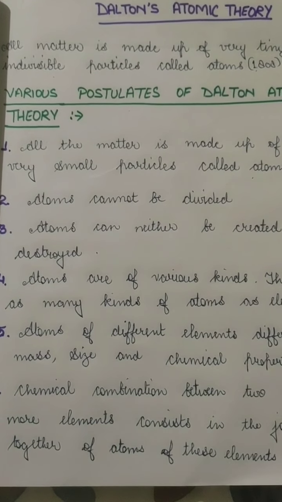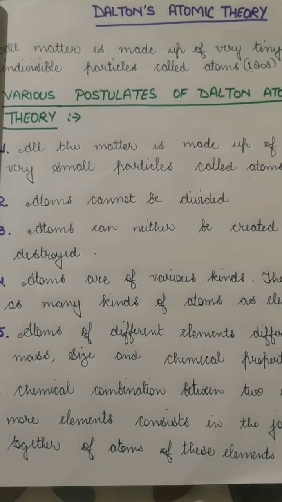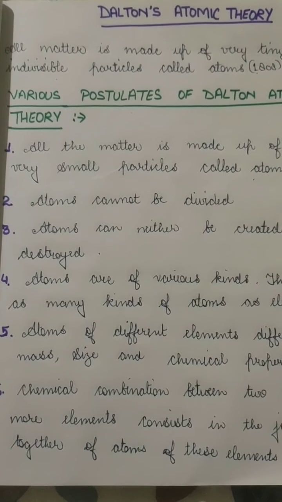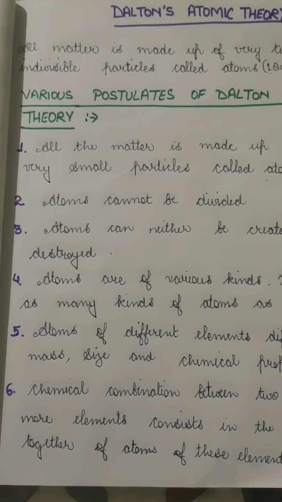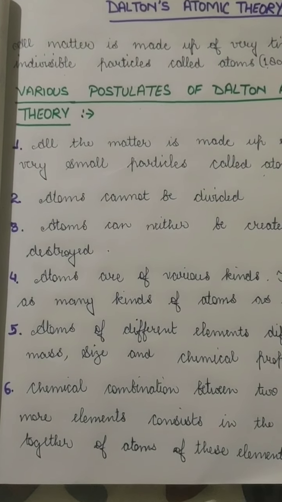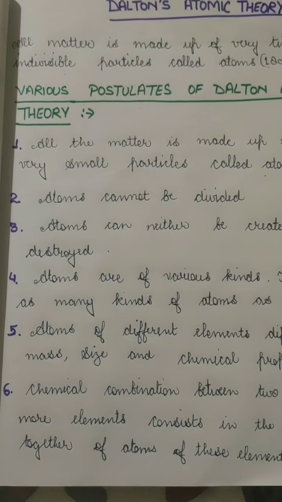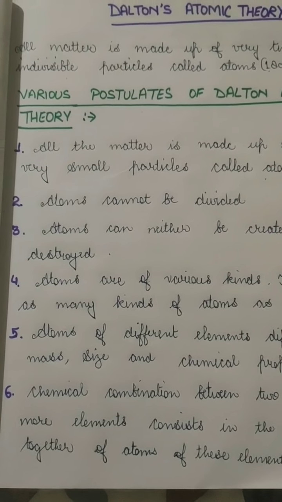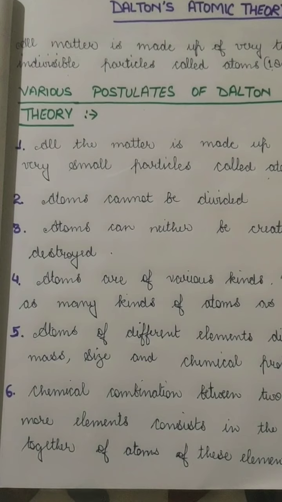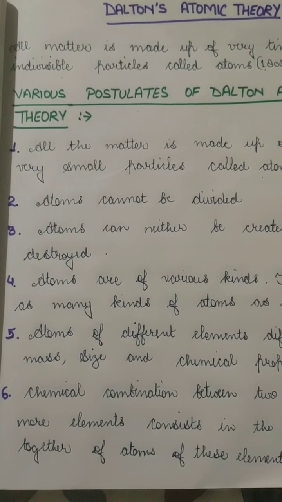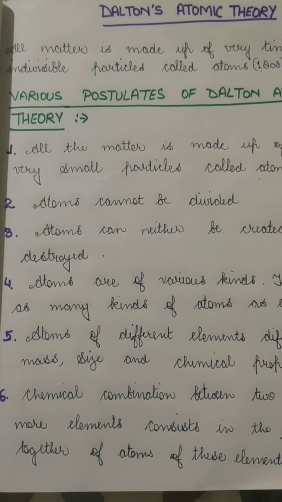So Dalton is the name of a scientist and his full name is John Dalton, and he was born in 1766 in England. John Dalton presented his atomic theory to explain the properties of matter, and his theory of matter became one of the most popular foundations for modern chemistry.